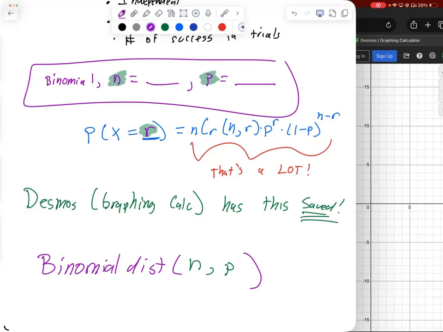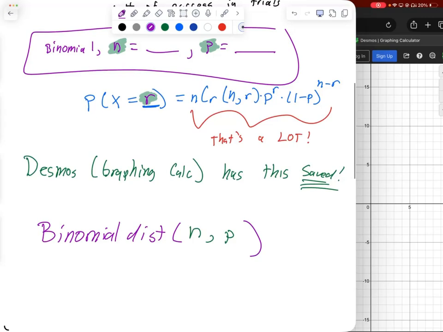So let's do an example from today's Do Now. In the very first problem from the Do Now, what was n?